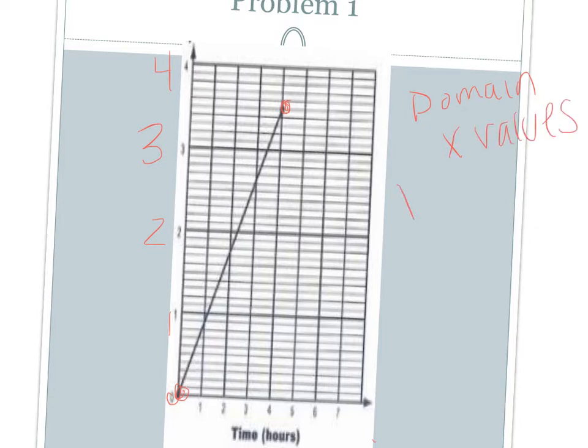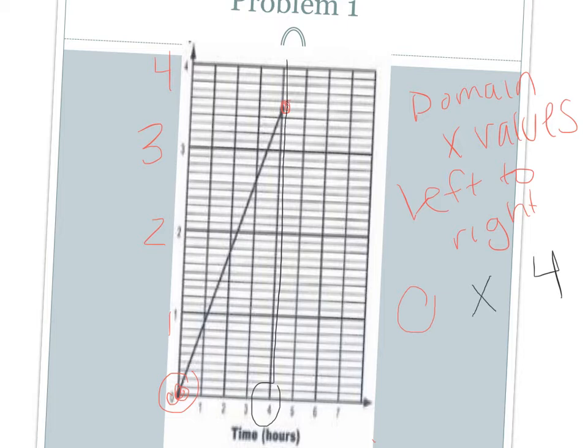So that means it goes from the left to the right. So how far am I on the left? I'm starting at 0, so I'm going to write a 0. How far am I going on the right? Well, I'm going to trace it right here. It's going to 4. Domain is x, so I'm going to put x in the middle. And since it is closed circle, you're going to write these lines underneath.